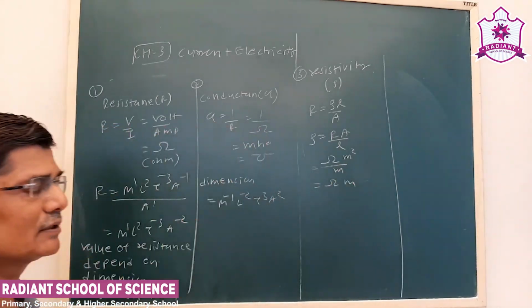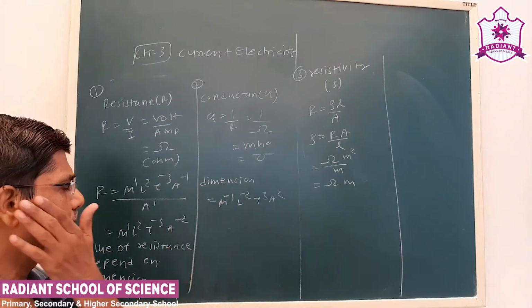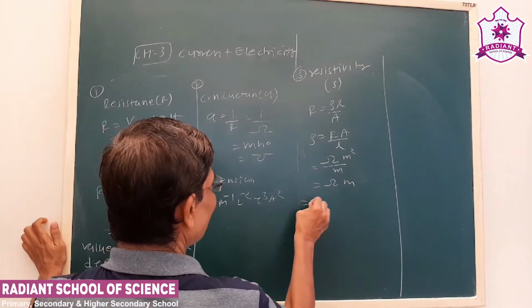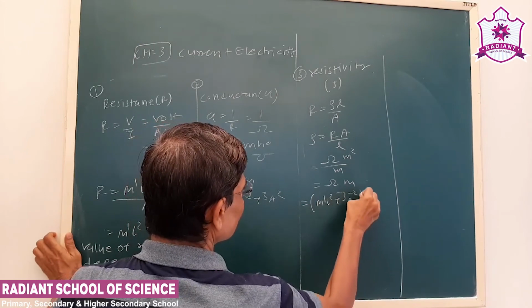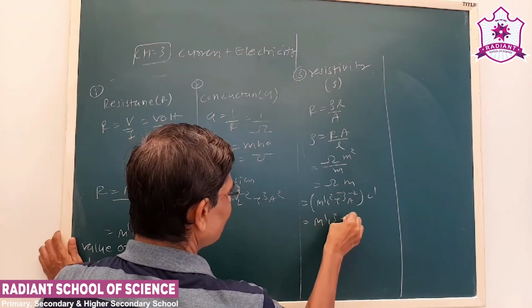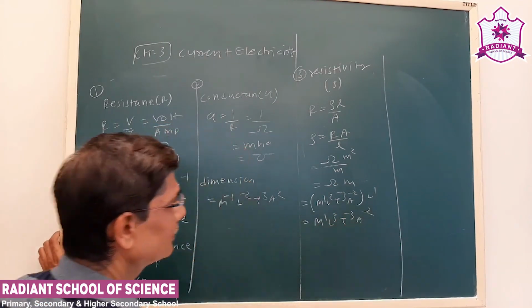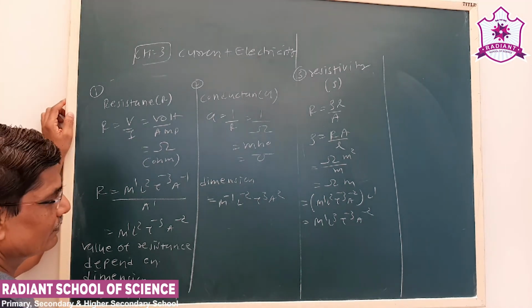So the unit of resistivity, or it is also called the specific resistance, is ohm into meter. Now the dimension part: M1 L2 T minus 3 A minus 2, meter is L1, so we can write M1 L3 T minus 3.